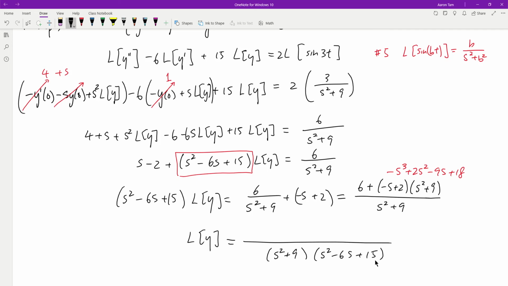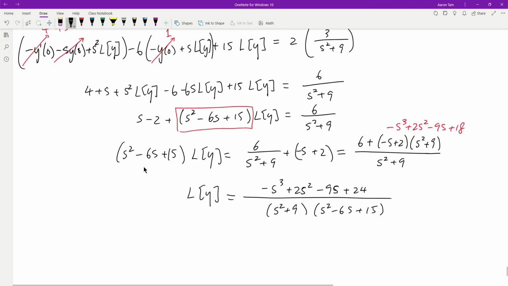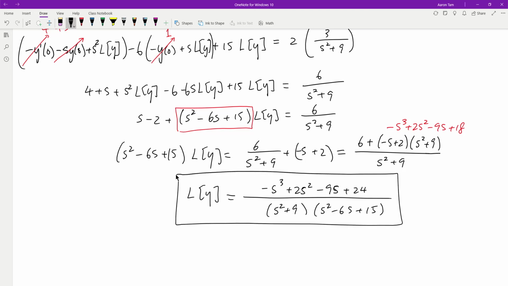Then the top seems to me that I will have negative s to the third plus 2s squared, I do have minus 9s, but then the plus 18 and the plus 6 become plus 24. All right. So that looked pretty good. So that kind of completes my part 1.